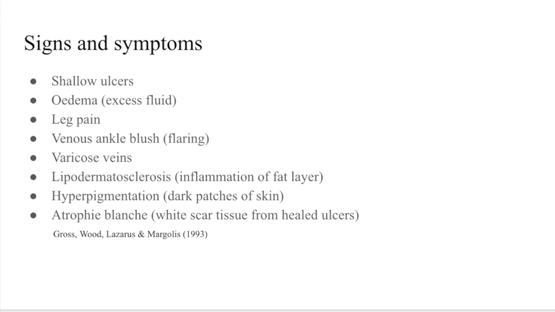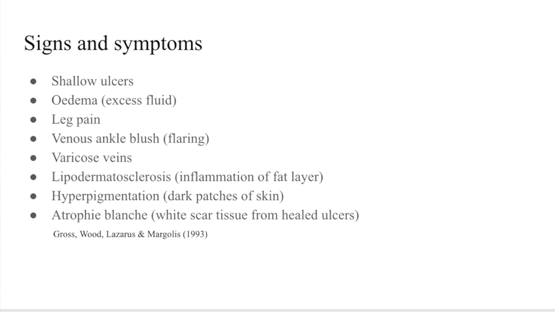Venous flaring involves the showing of small vessels in the skin of the lower limbs, referred to as spider veins. Varicose veins are similar to spider veins, except they involve larger venous vessels becoming raised and visible.